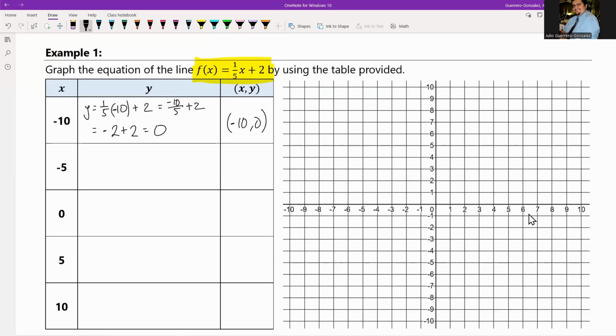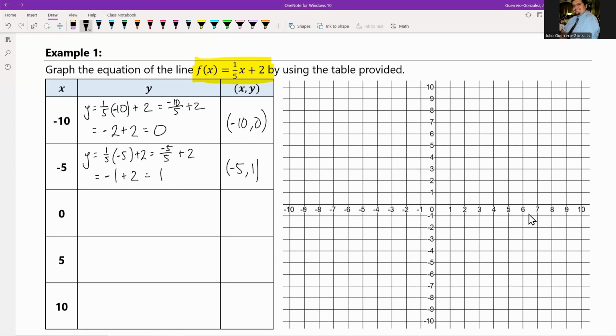We'll do it again for -5. So y is equal to 1/5 times -5, plus 2. That's -5/5 plus 2, which is -1 plus 2, which is 1. So -5, 1 would be my coordinates that will go on my graph on the right.